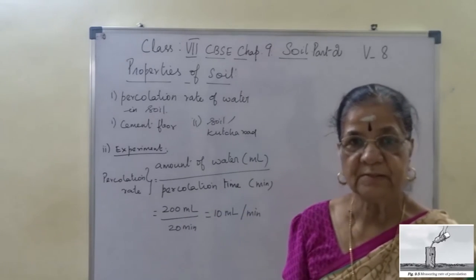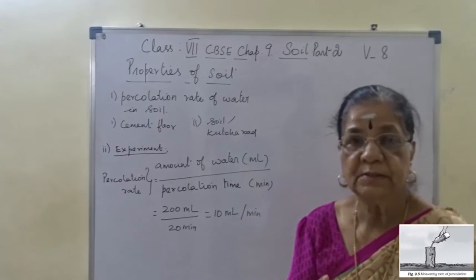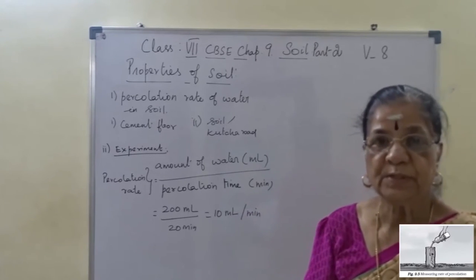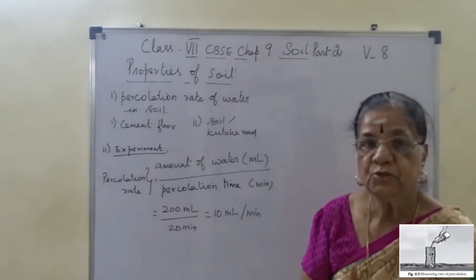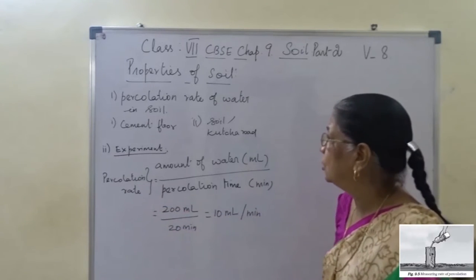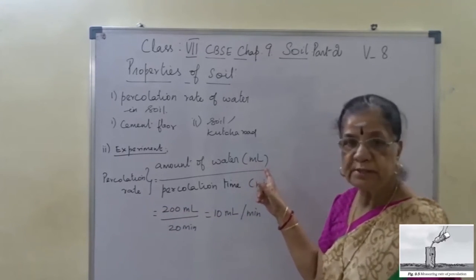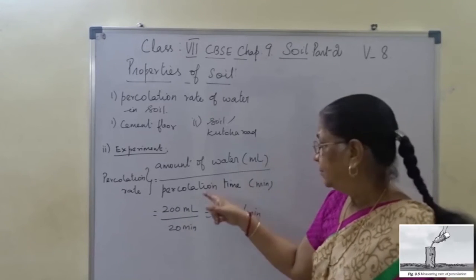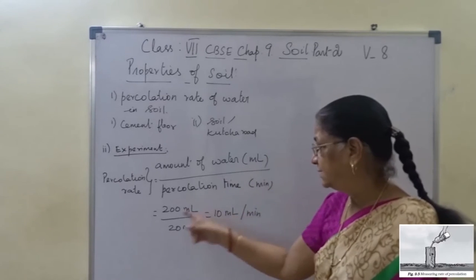I hope you understand. I will give a sum like this in the exam, only changing the amount. You should know the formula. Percolation rate of water in soil is equal to amount of water in ml by percolation time in minutes.